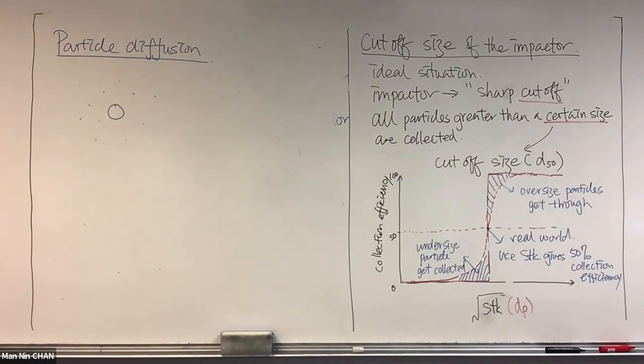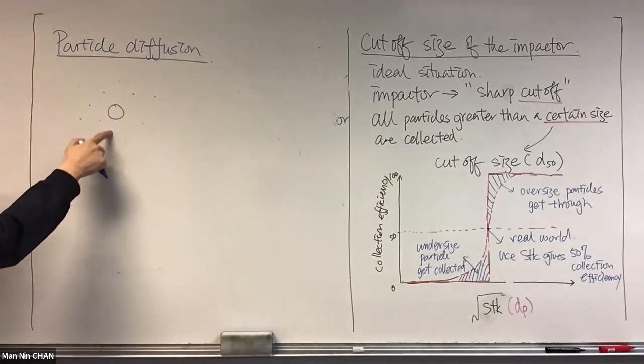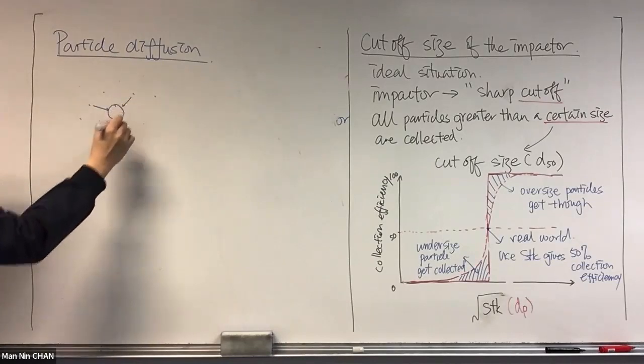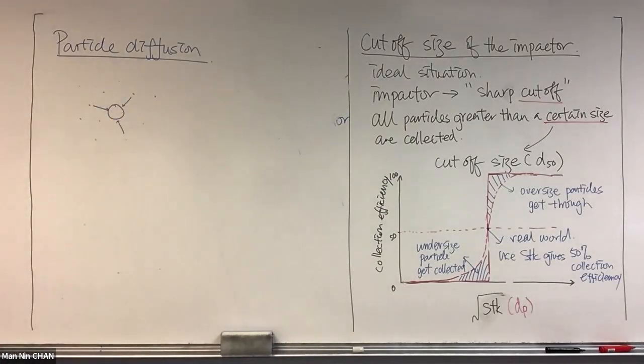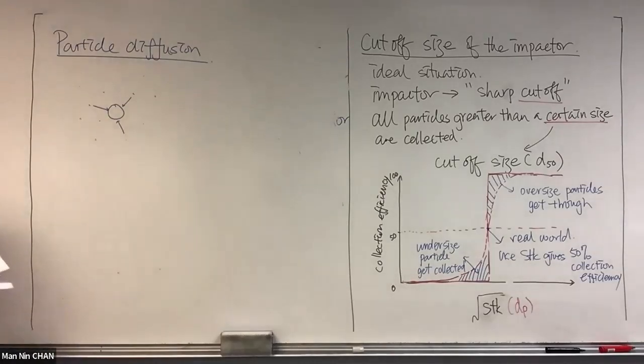The particle will be continuously bombarded by these small gas molecules. Basically, the gas molecules will hit the surface of the particle, bombard the particle. In that case, they can cause some force, or eventually they will create some random motion.